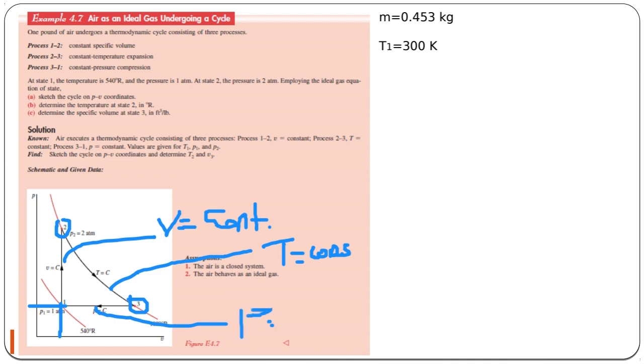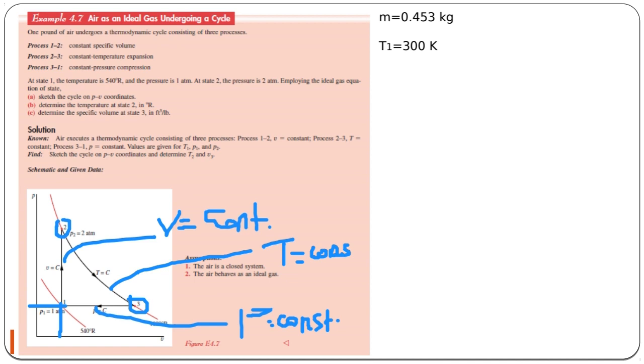So we have three different processes: the first one is constant volume, the second one is constant temperature, and the third one is constant pressure.